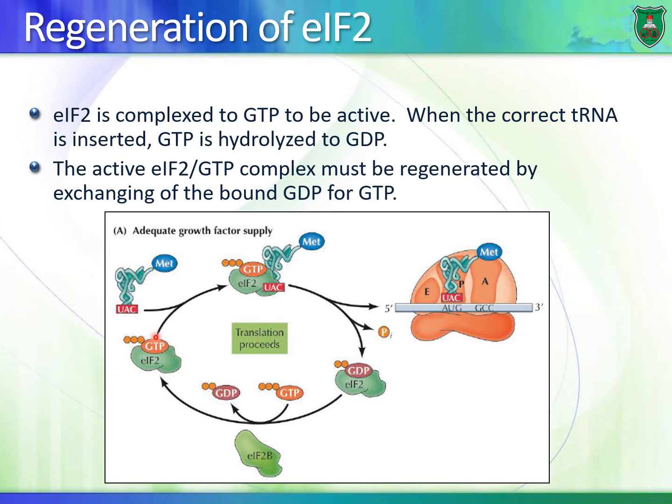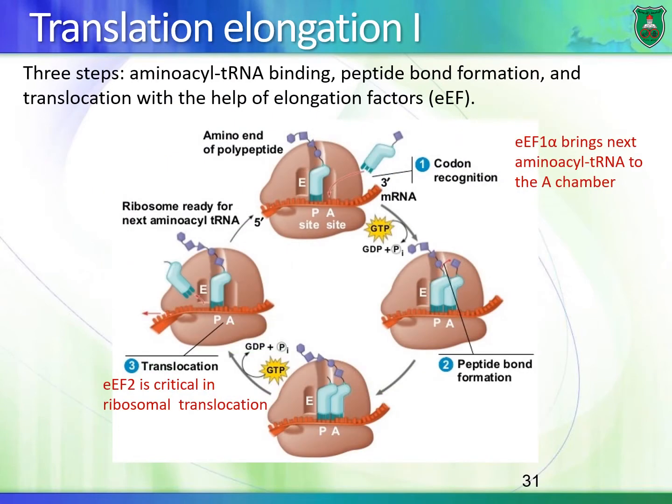And then you have an active initiation factor 2 that can interact with the methionine carrying tRNA, the initiating tRNA, and it can start another round of translation. Notice that proteins in general are regulated by GTP. Okay. So you have then elongation.